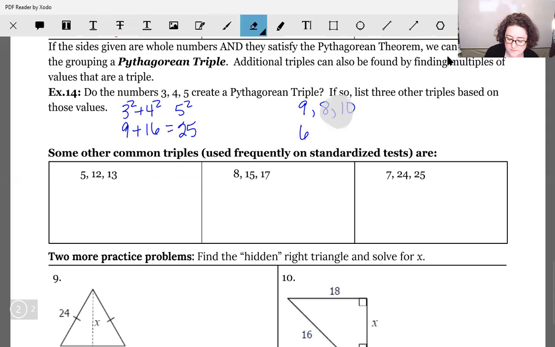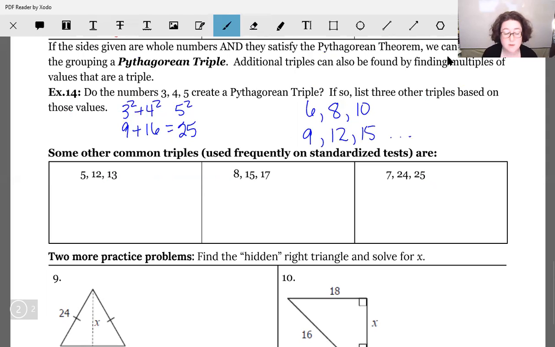Ooh, I'm getting ahead of myself. Let's start that over. So times 2 would give me a 6, 8, and 10. Times 3 would give me a 9, 12, and 15. And I could keep going and make a whole bunch of different triples.